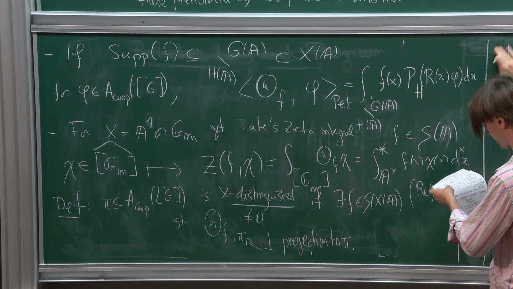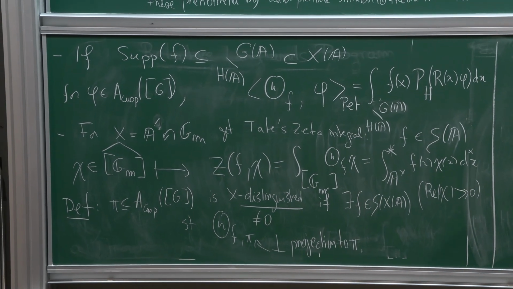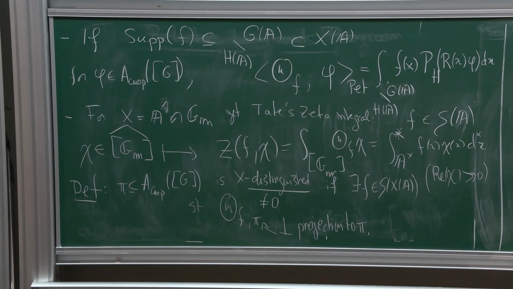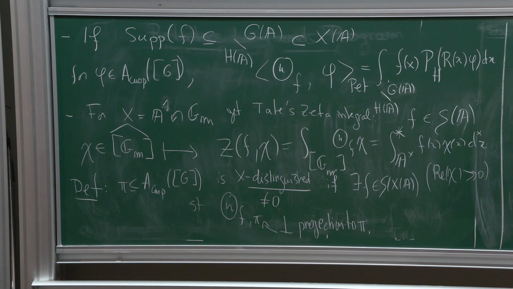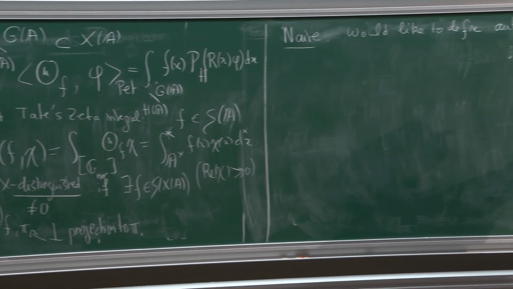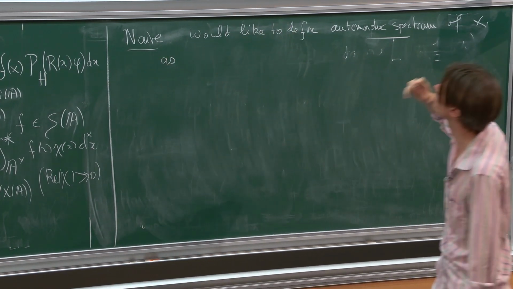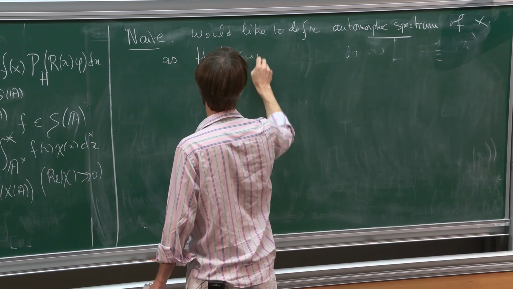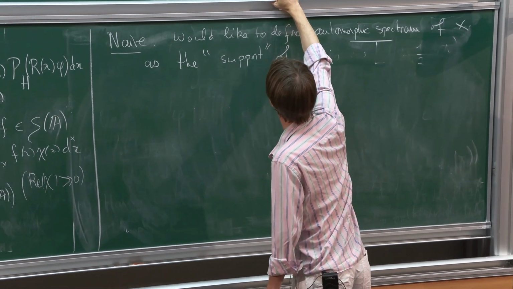And the naive idea, in general, to make sense of the automorphic spectrum, would be to define the automorphic spectrum of X, similar to the local setting, as the support of some representation, namely of the image of the theta series map.